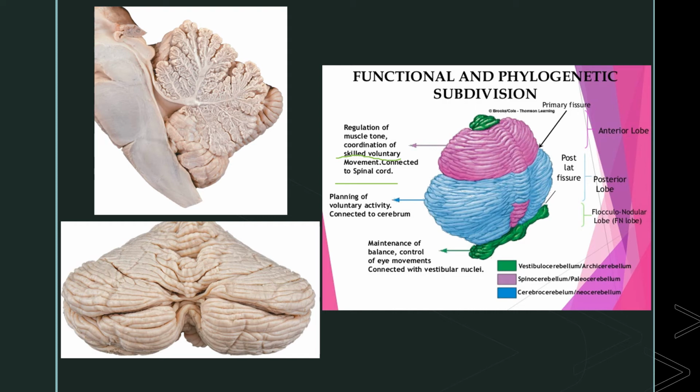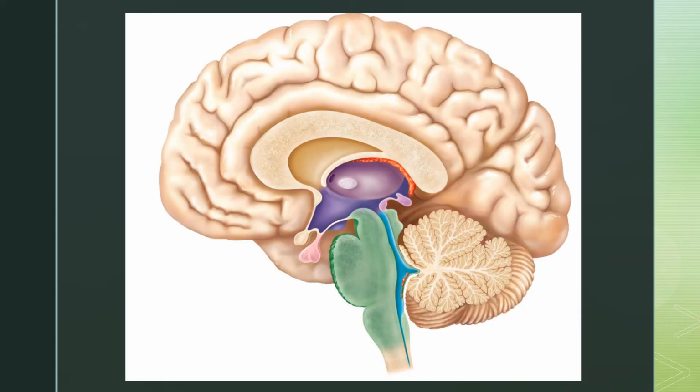Okay, so these are some of the functions of the cerebellum. Really interesting portion of the brain that it's not up in the cerebral cortex, it's kind of lower. For me, the cerebellum is one of the neatest pieces of tissue in our central nervous system.